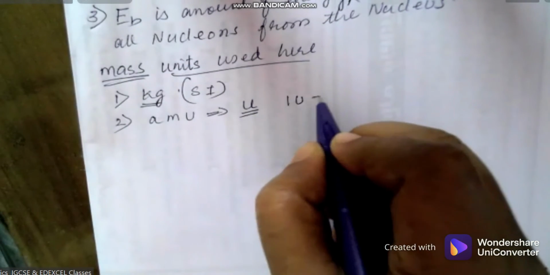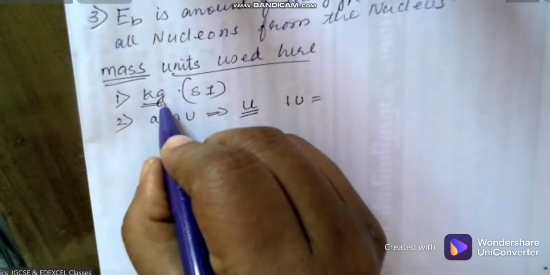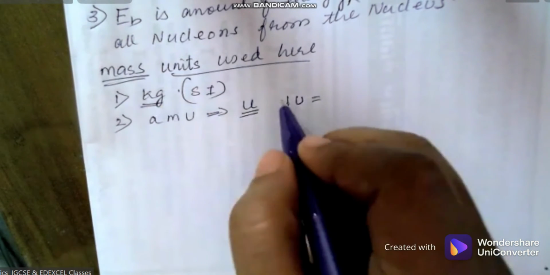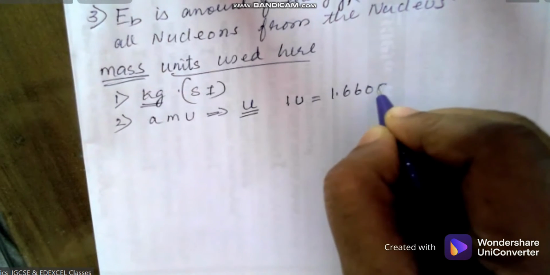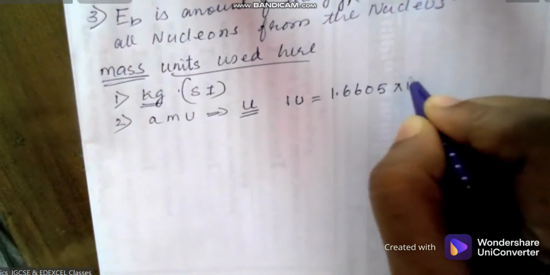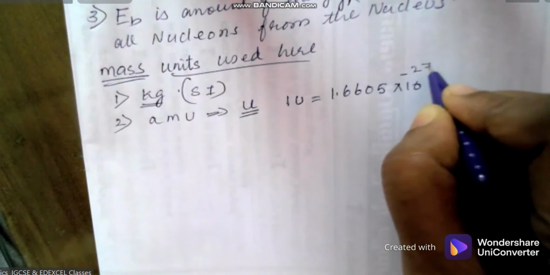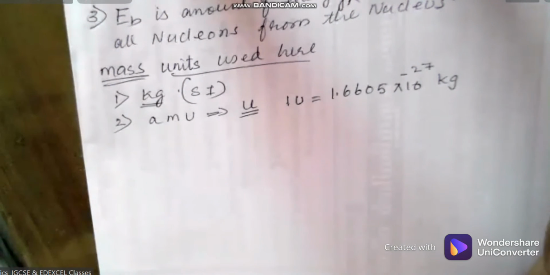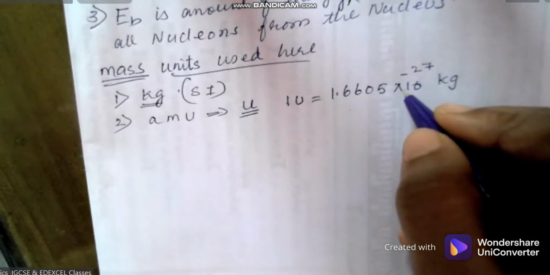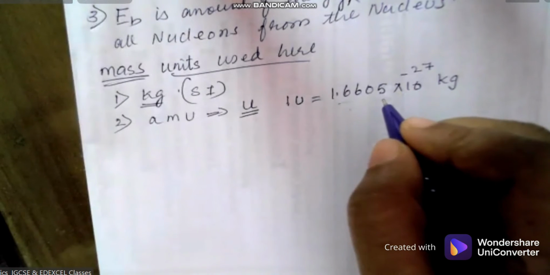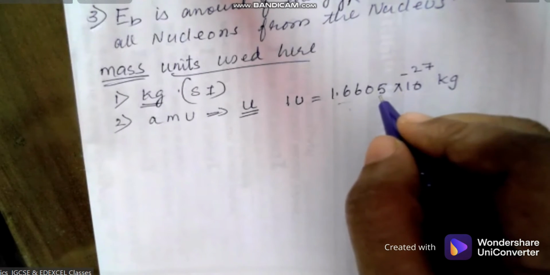1 u is equal to how many kilograms? This you have to remember. 1 u is equal to 1.6605 times 10 to the power of negative 27 kilogram. This conversion will be given, but for the time being, you memorize. Now, this mass is almost equal to the mass of a proton.